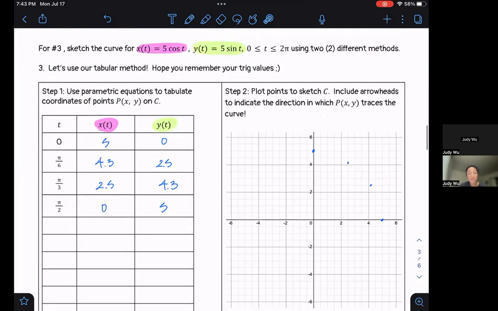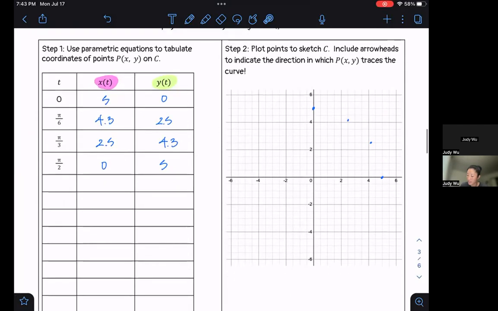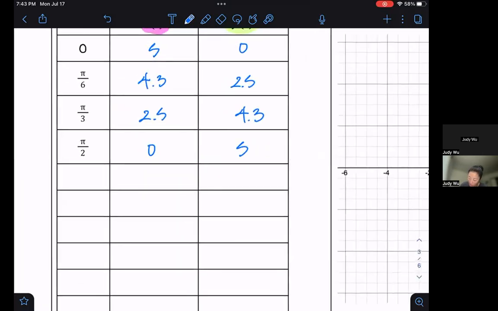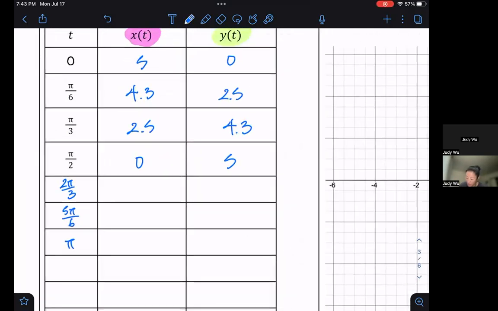So I wonder, where have we seen sine and cosine a lot before? It is none other than the unit circle. If we plot some other values, 2 pi over 3, 5 pi over 6, and pi, we end up with the cosine values becoming negative and the sine values staying positive but going back down.